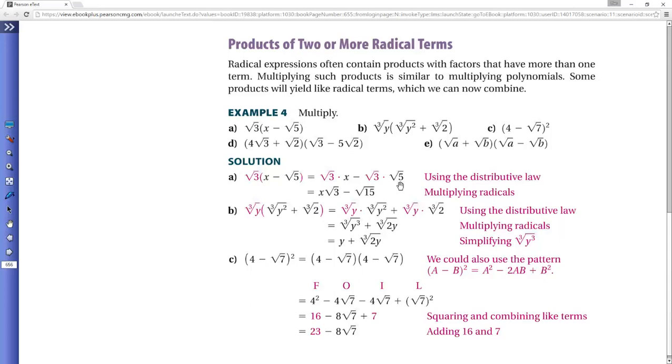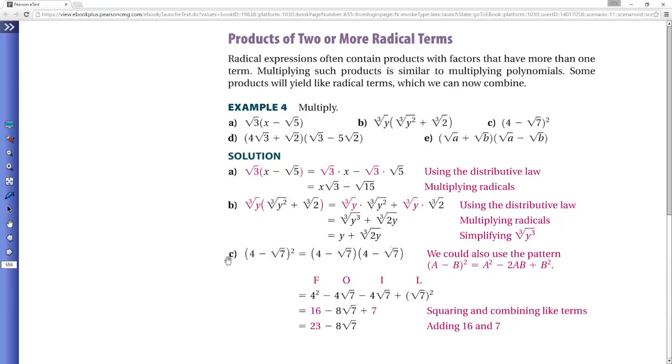Okay, remember the product rules again. In this case, we can distribute the cube root over these things, and they simplify. They're using a lot of the stuff we've covered in prior sections. But here's something we haven't seen for a little bit, the square of a binomial. What does that really mean?